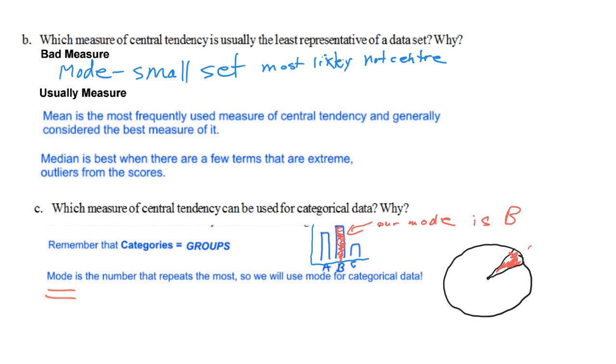Let's call that category A. And then for category B, let's say we take up about 2/3 of this block, and we'll call this category B. So you would say the mode is category B, because category B takes the most of our pie chart.